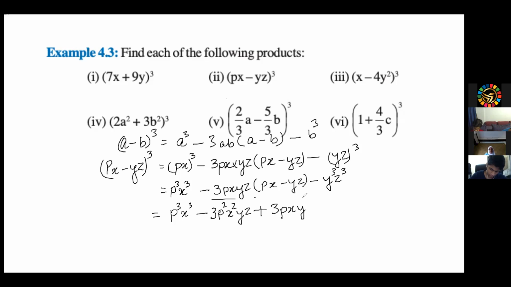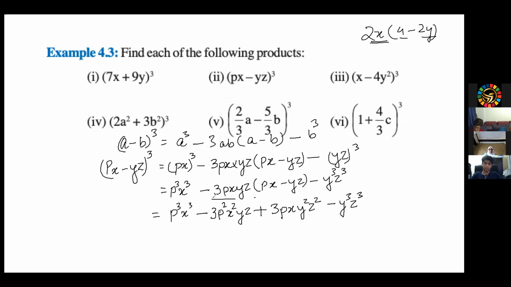3pxy square. Ma'am, why will we not have y square and z square? Yes, because when you are opening the bracket, this is the distributive property. So whatever is inside, 2x into 4 minus 2y is there. So you will multiply 2x into 4 and 2x into 2y, right?